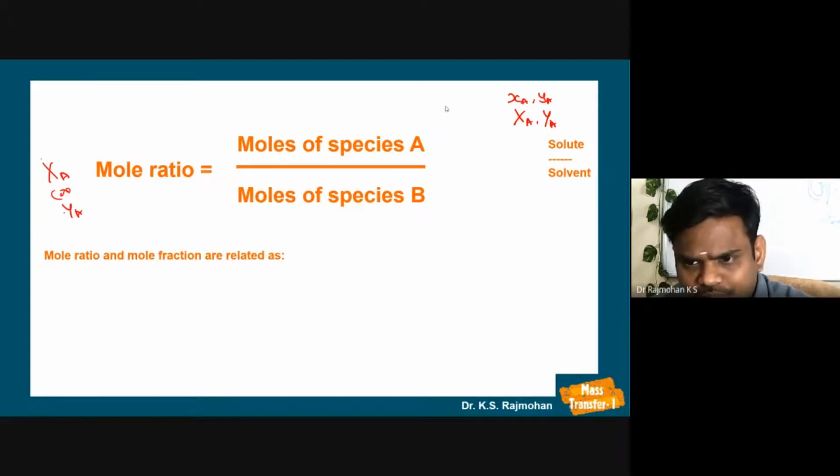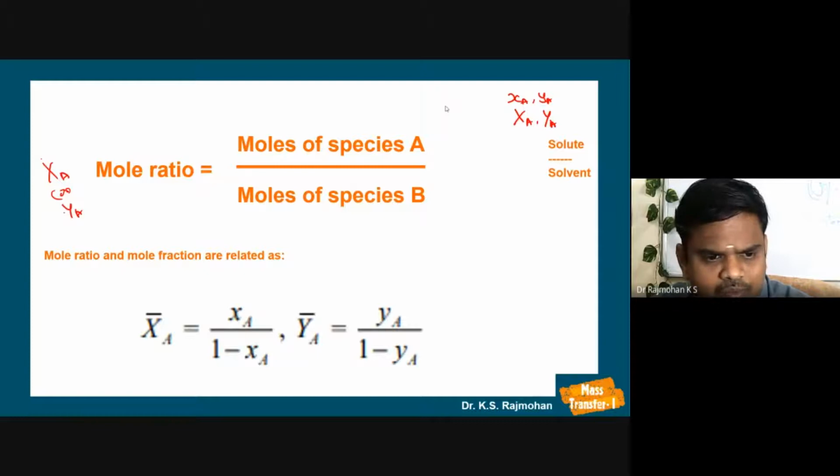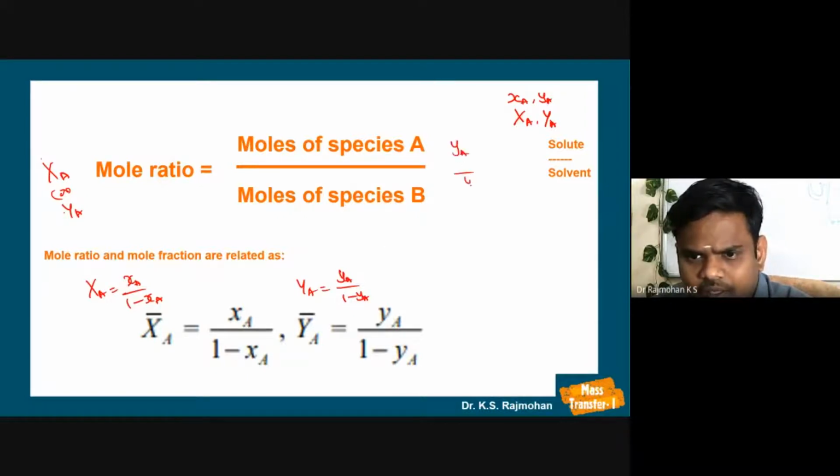Okay, and these mole ratios and mole fractions can be related as capital XA is equal to xA by 1 minus xA, or capital YA is equal to small yA by 1 minus yA, because it is yA by yB.